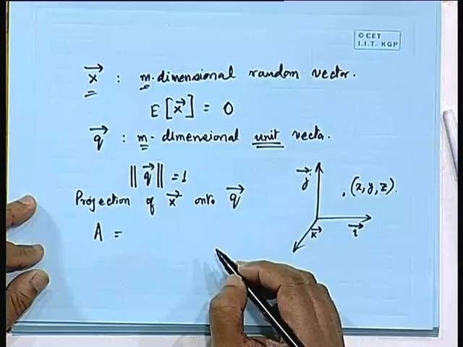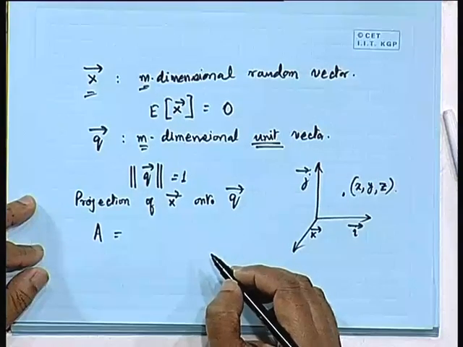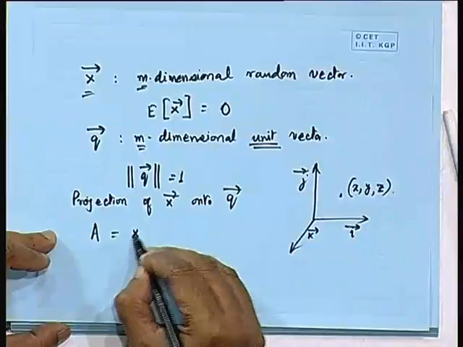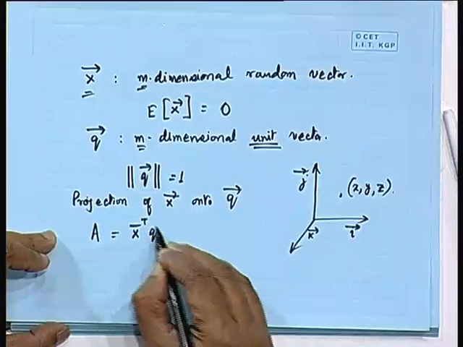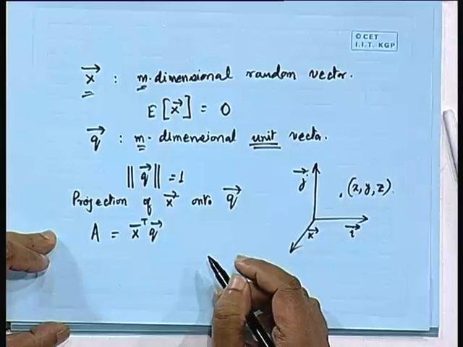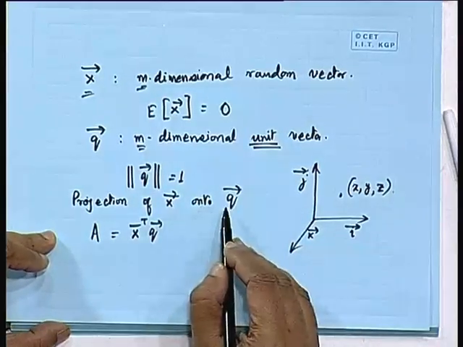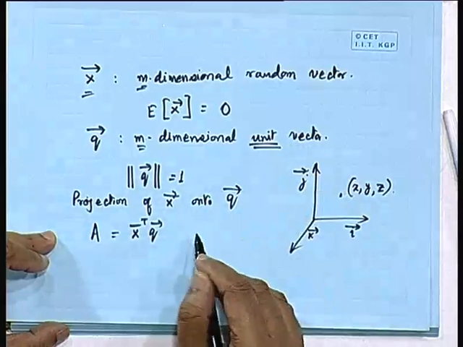X transpose q, very good. In fact, this is going to be a scalar quantity. It is a projection, so it is a scalar quantity, it is a dot product, that you said very rightly. So, it is x transpose q, this is the projection of x vector onto the q vector, the m dimensional input vector.